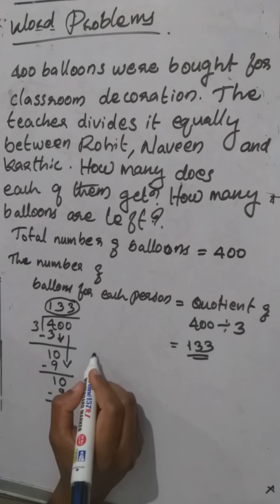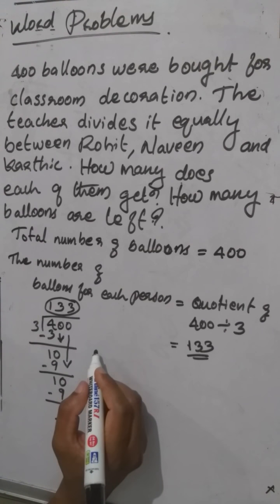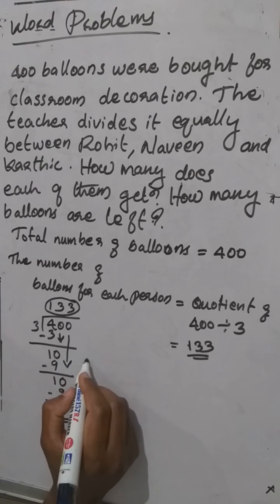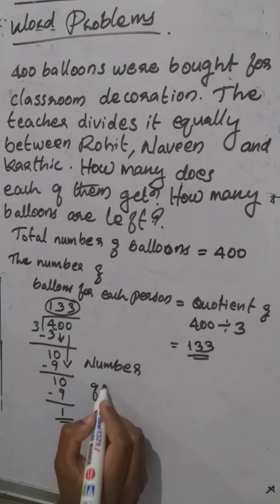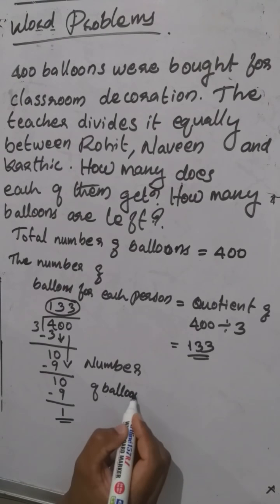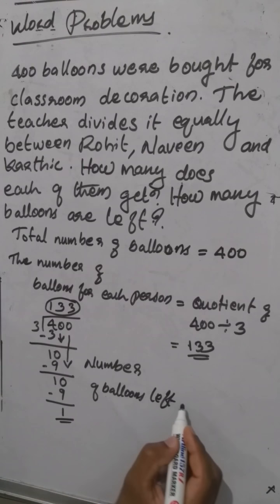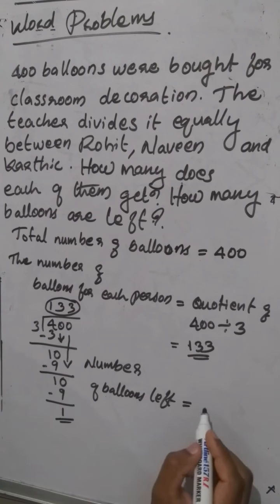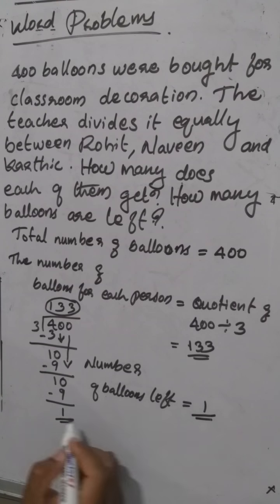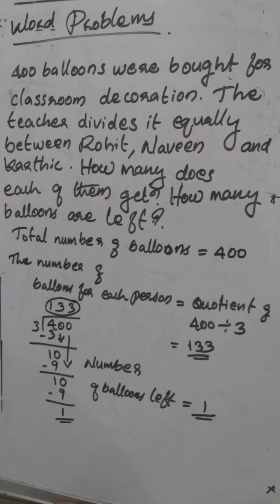And now the number of balloons left is equal to the remainder. So only one balloon is left here because we got the remainder as 1. That means only one balloon is left. So our answer is finished here.